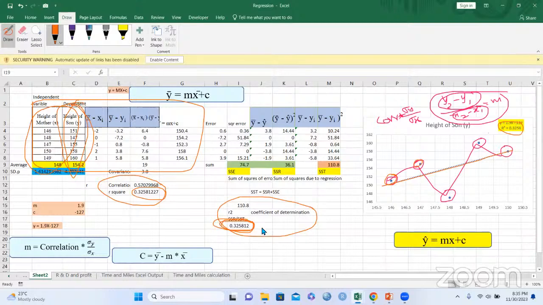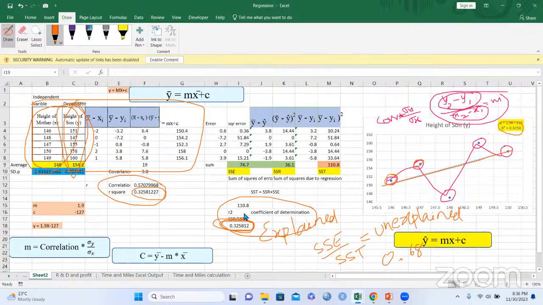So this is called explained variance. If you go in depth into analytics, the remaining part, SSE divided by SST, is called unexplained variance. The trend line which we have created is not able to explain a certain variance, which will obviously be 0.68, right?